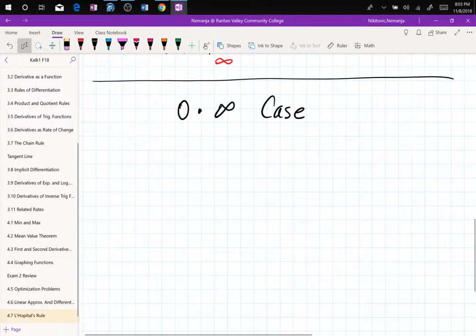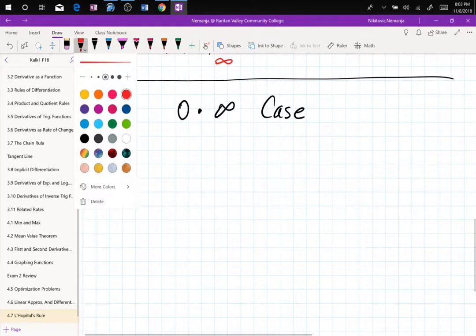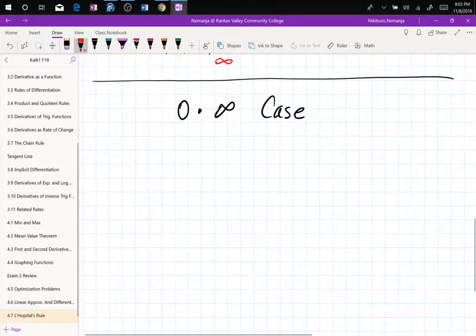There is a very nice trick, algebraic trick, that we are going to use to transform this into forms we need. You have to figure out how to get 0 over 0 and infinity over infinity, otherwise this all fails.